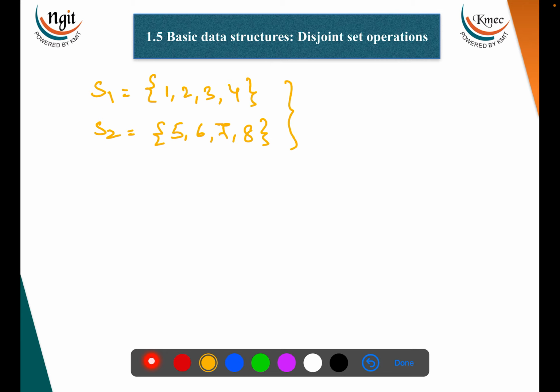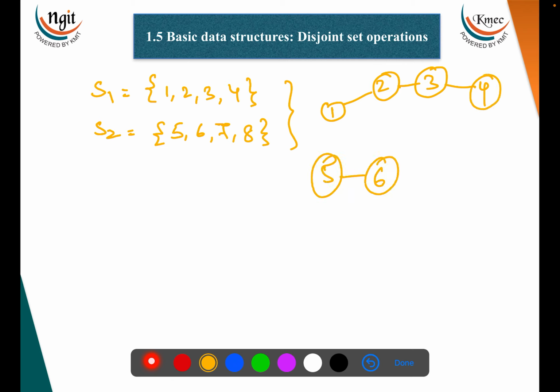Now I want to draw a graph using these elements. So this is 1, 2, 3 and 4, and 5, 6, 7, 8. These are two different graphs. Fine. Now, what do you mean by a disjoint set? A set which is not joint, that is, S1 intersection S2 should be phi.